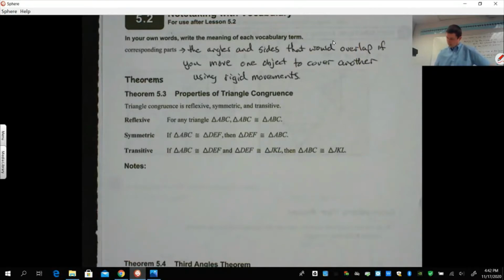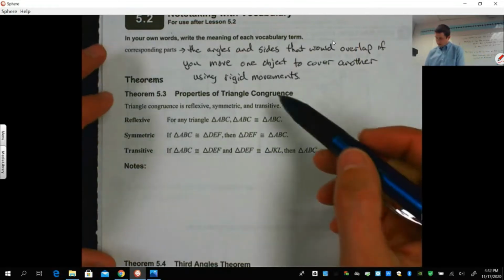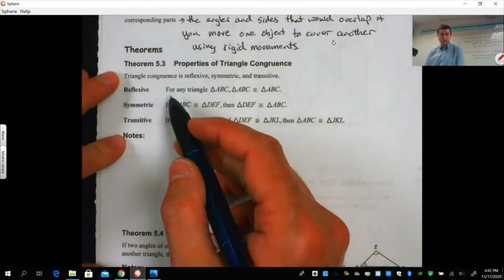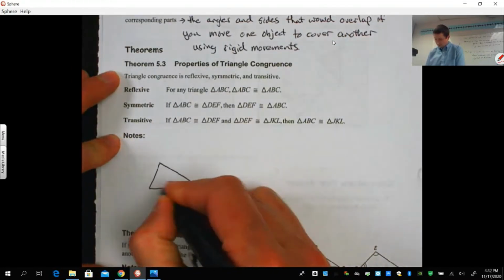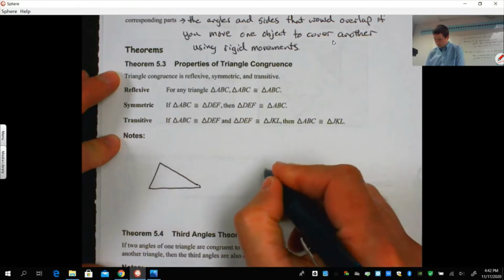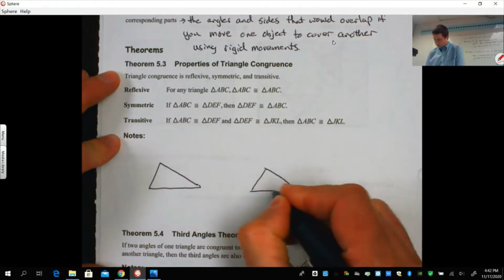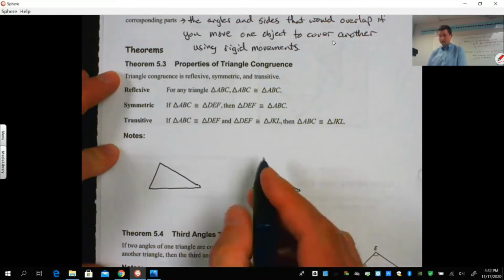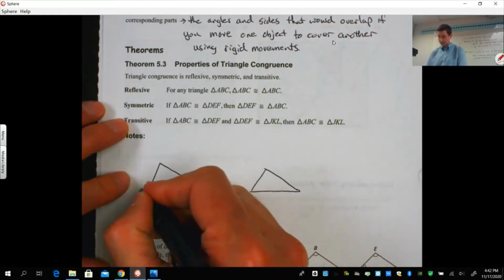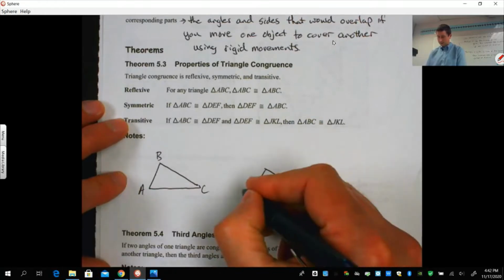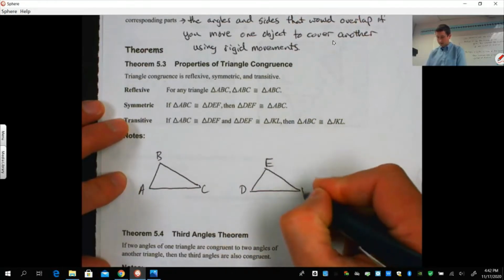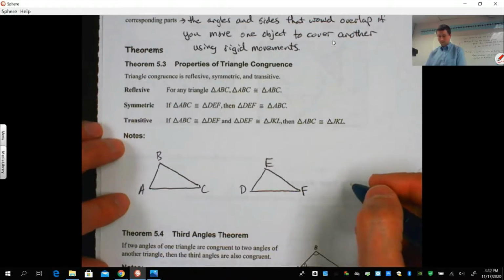Let's go down the notes and I'll come back up to these. If I had 2 triangles, and I could tell this is just a translation, I could take this triangle ABC and translate it and cover up triangle DEF.